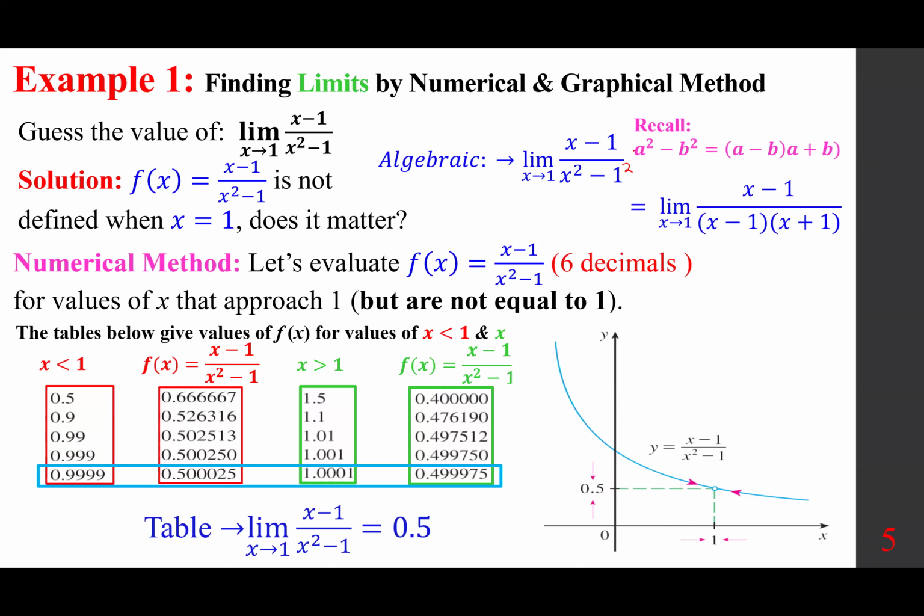We can factor the denominator into x minus 1 and x plus 1. These two cancel each other. We get the limit of 1 over x plus 1 as x approaches 1. Now if you plug in, you get 1/2 or 0.5.